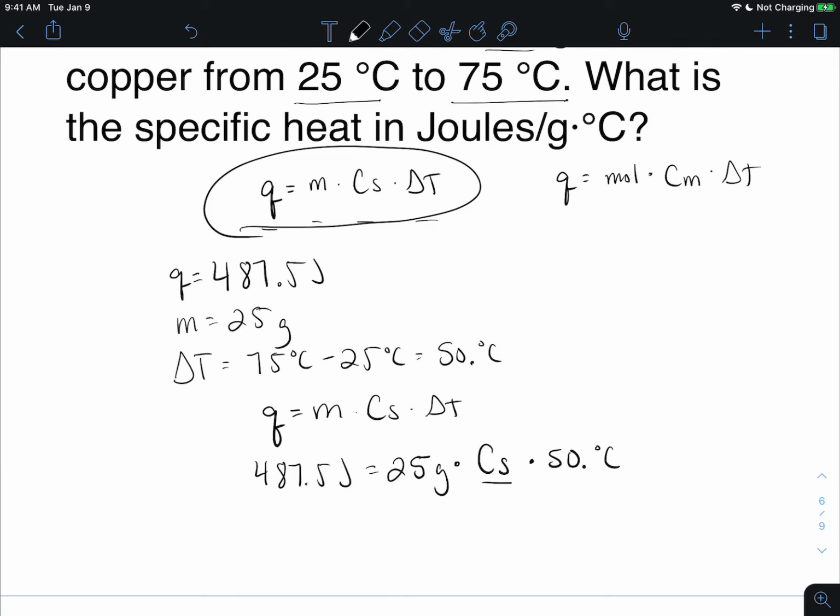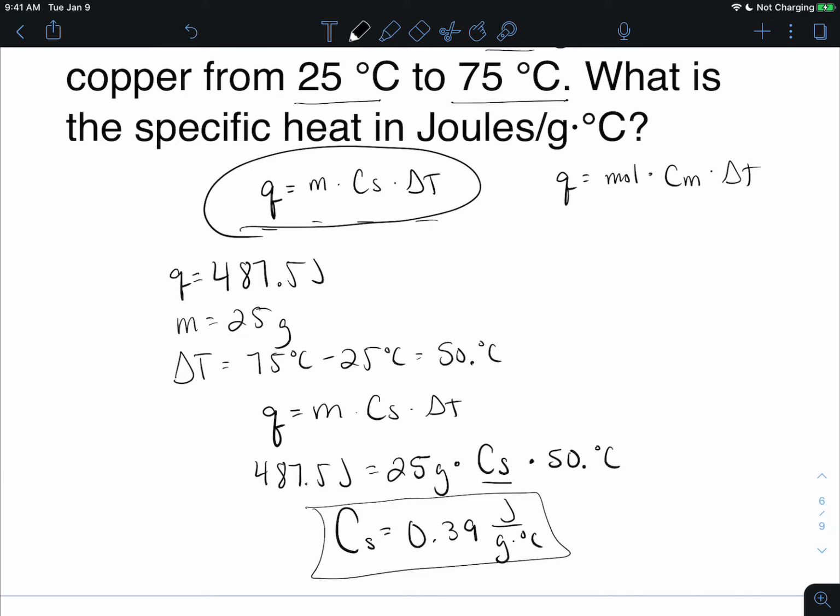Okay? And when we solve for this, we get a specific heat equal to 0.39 joules over grams times degrees Celsius. And for a metal, it's very reasonable to have a specific heat that is less than 1.